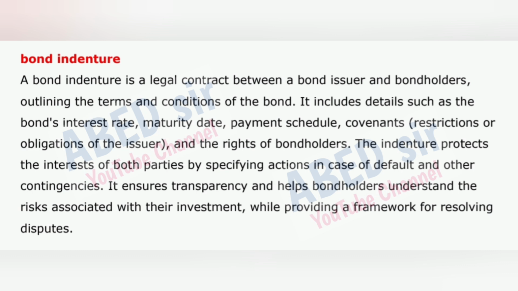The indenture protects the interests of both parties by specifying actions in case of default and other contingencies. It ensures transparency and helps bondholders understand the risks associated with their investment while providing a framework for resolving disputes.